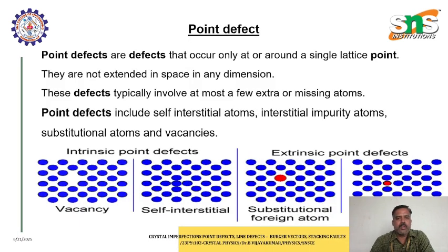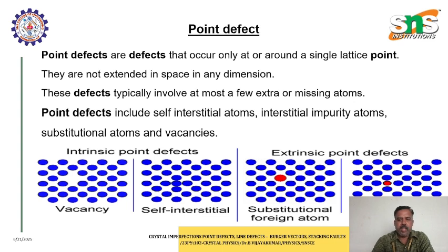Point defects occur only at or around a single lattice point. They are not extended in space in any dimension. These defects typically involve at most a few extra or missing atoms. Point defects include self-interstitial atoms, interstitial impurity atoms, substitutional atoms, and vacancies.